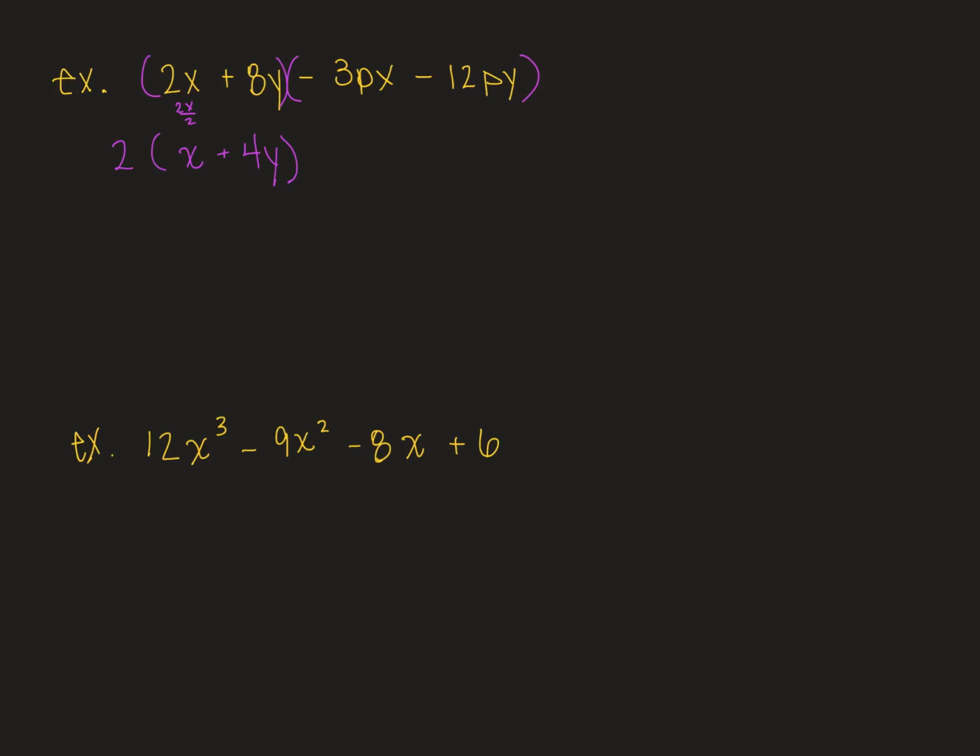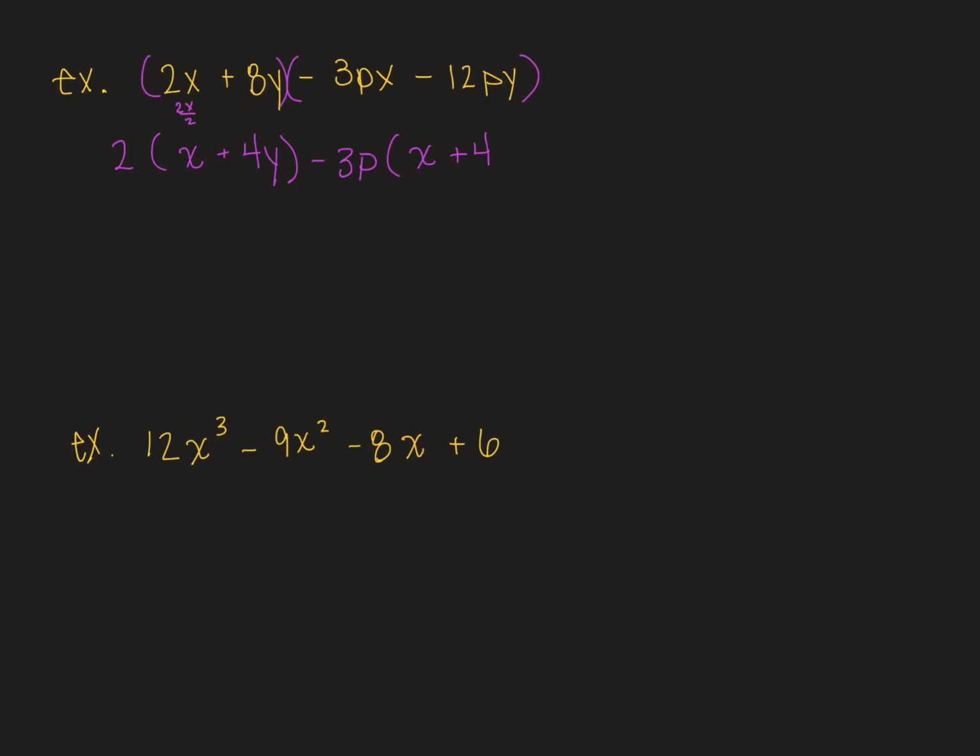Now our second group, I can definitely see that I can take a negative 3 out of each group. Now this one has multiple variables, right? But the one that they do have in common is a p. So you can bring a p to the front, and that means that we're going to be left with just x. And when you're thinking about that second term, when I take out the negative 3, it's going to be a plus 4.